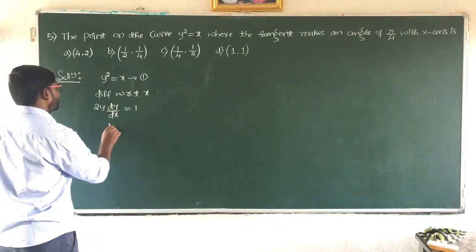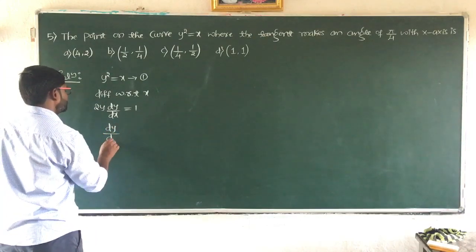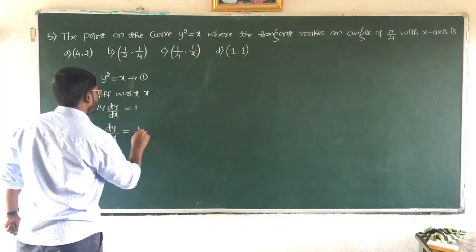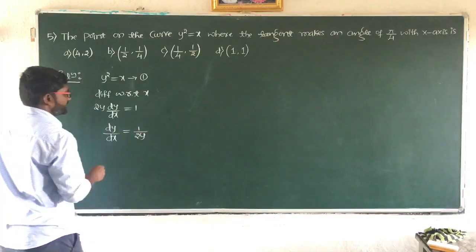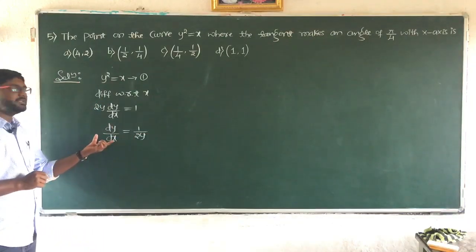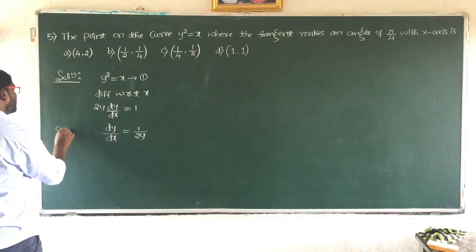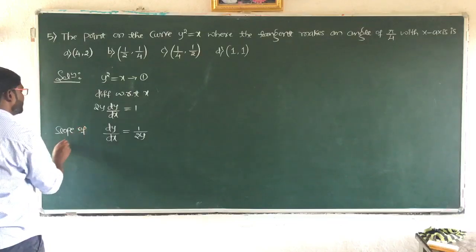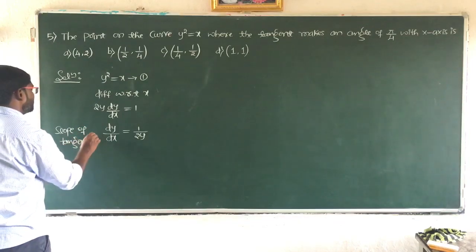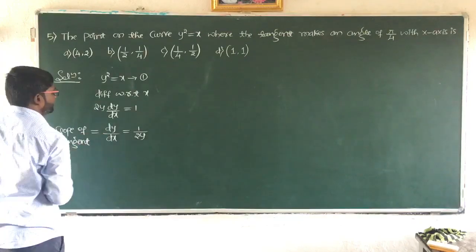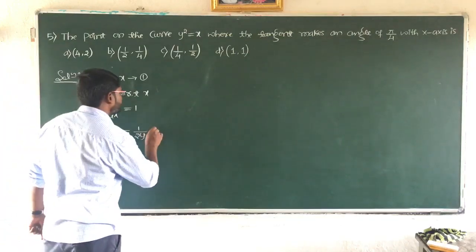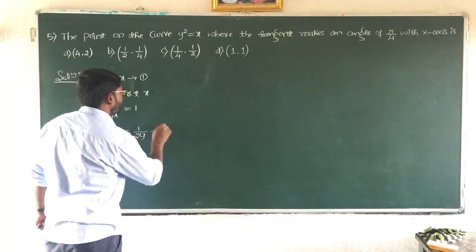So now dy by dx is equal to 1 divided by 2y. So, what is this now? This is nothing but the slope of the tangent. So, slope of tangent, which is equal to dy by dx, is equal to 1 by 2y. Call this as equation number 2.